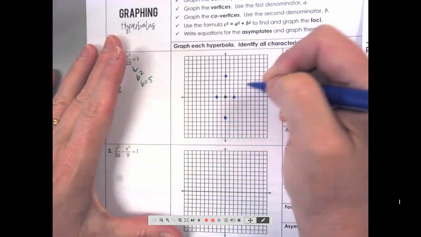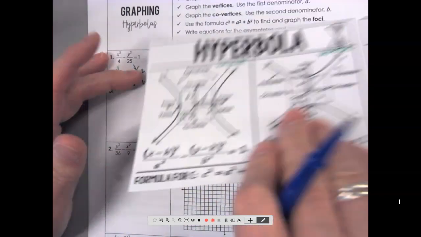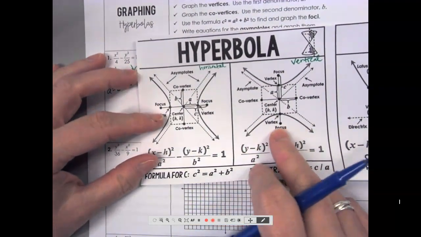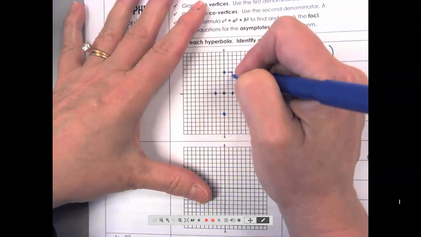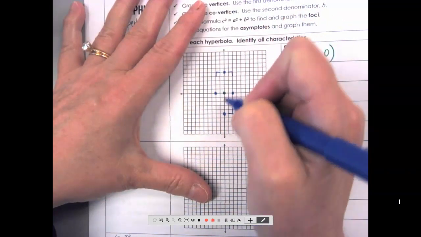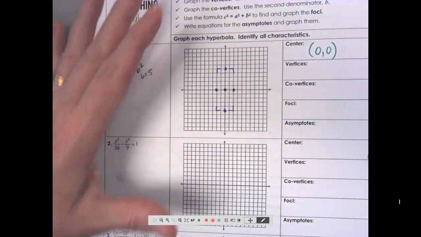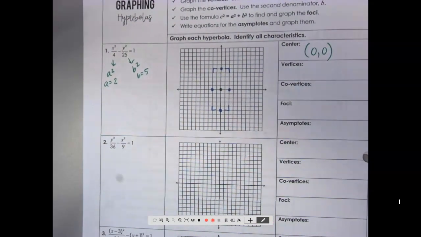So this is what we do. See those 4 points? I'm going to make like a rectangle out of them. If you'll notice, there was a little dotted rectangle on these pictures. I don't usually like to dot the whole rectangle. I will just go and mark the corner points. But if you want to dot the whole rectangle, that's perfectly fine. Okay, so I'm going to connect the diagonal of this box, and those are my asymptotes.